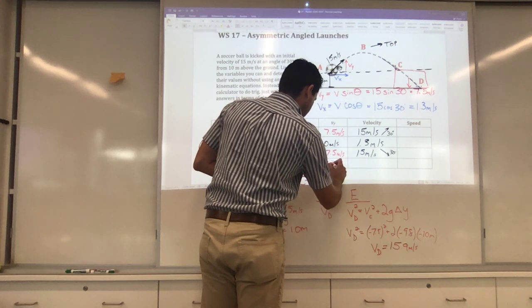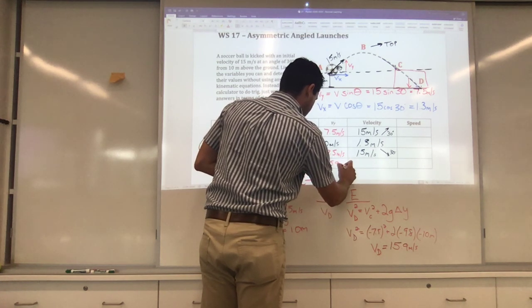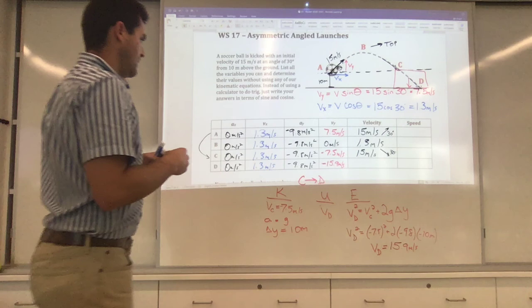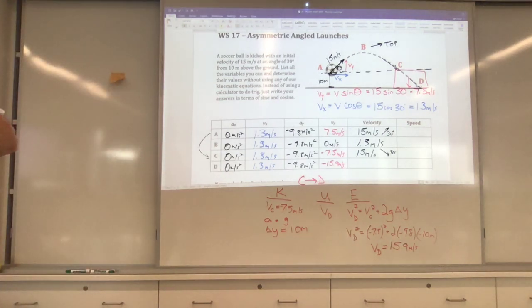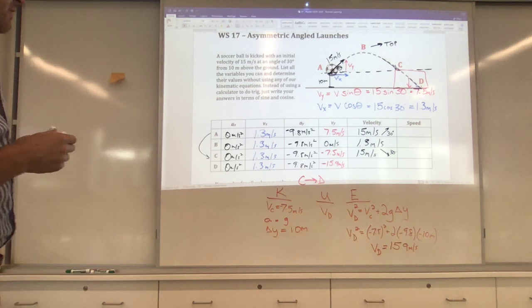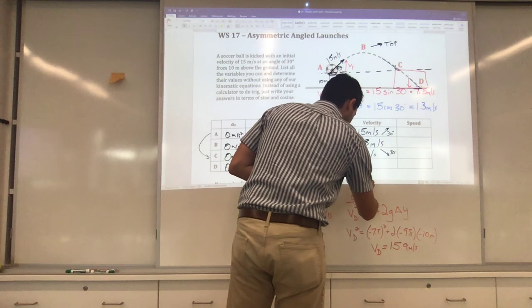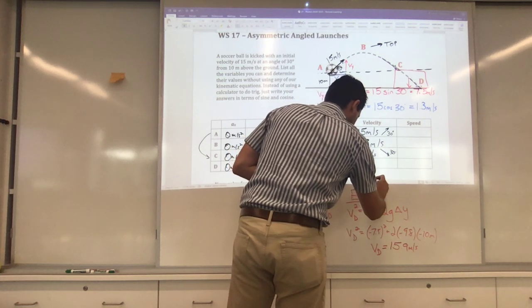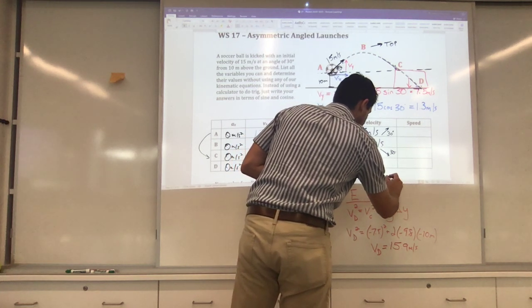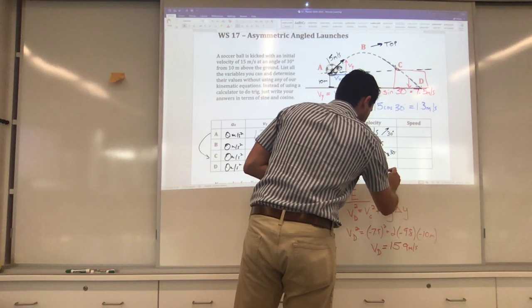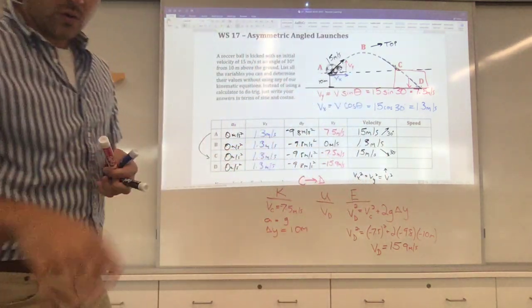Negative 15.9 meters per second. And then lastly, I can go ahead and use my Pythagorean theorem to find velocity. I can do Vx squared plus Vy squared equals velocity squared to find this value right there. And I'm going to go ahead and do that right now.